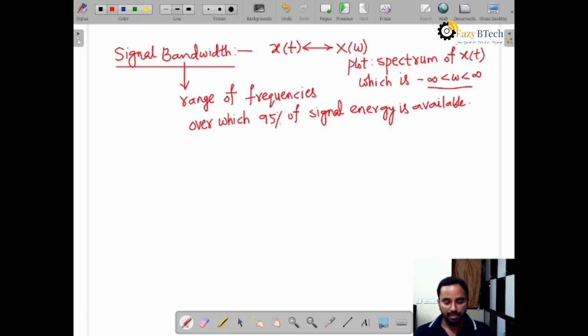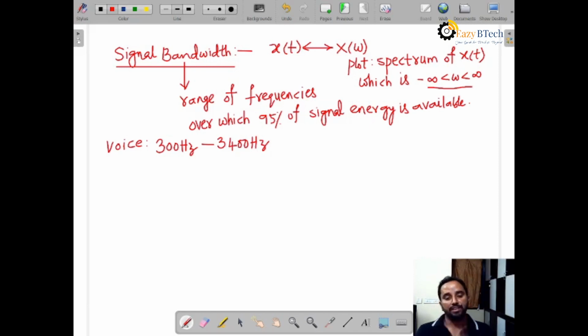Suppose I give you some examples. If you take the human voice signal, the frequency range is 300 Hz to 3.4 kilohertz, or 3400 Hz.